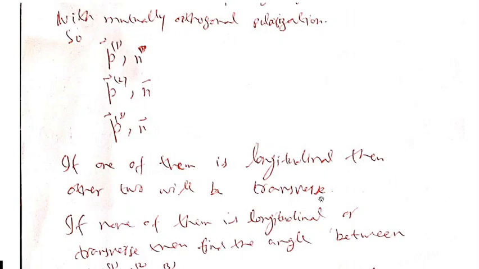Then the other 2 will be transverse waves. How are they transverse? Suppose that the wave corresponding to this pair is longitudinal, that is P1 and n are parallel. Now we have to show that the other 2 are transverse. How can that be shown?